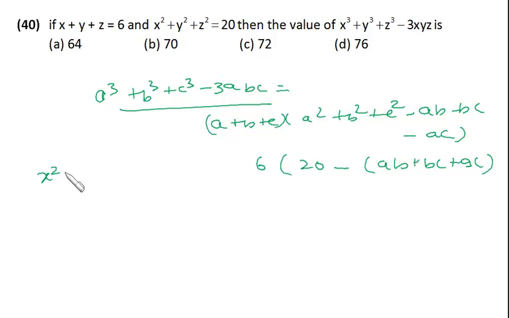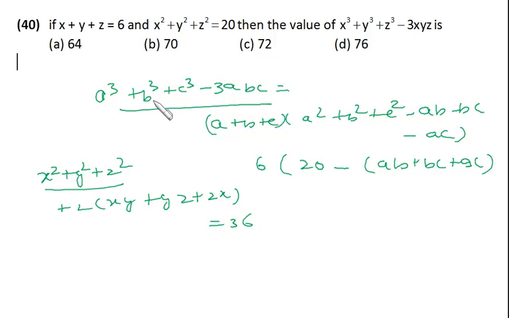So what I'll be getting, x square plus y square plus z square plus 2xy plus 2yz plus 2zx is equal to 36. Now this we know is 20, so this is equal to 16, so this is 8, right? So it is 20 minus 8, 12, 12 into 6, 72.